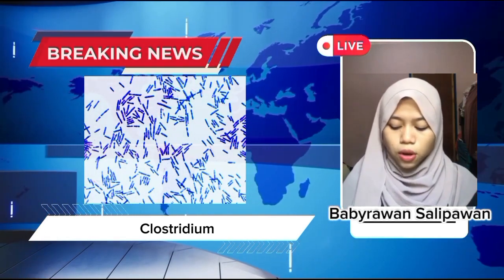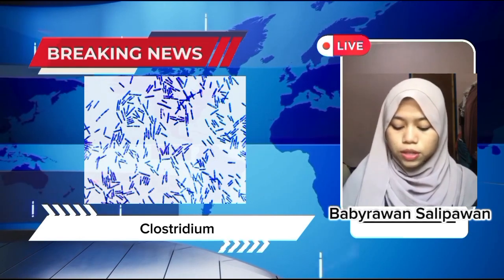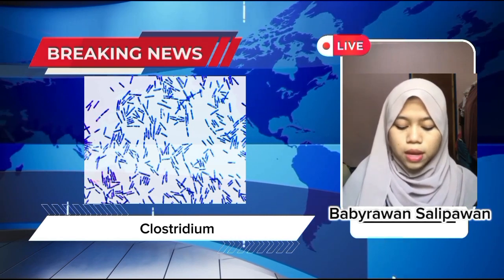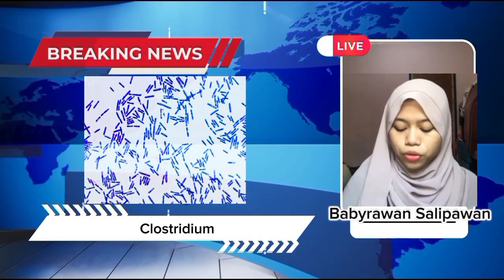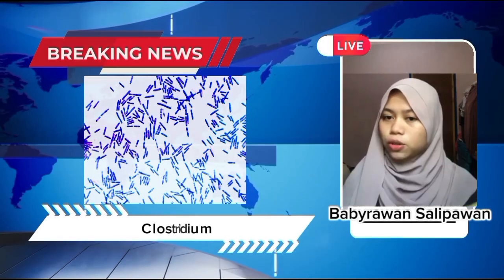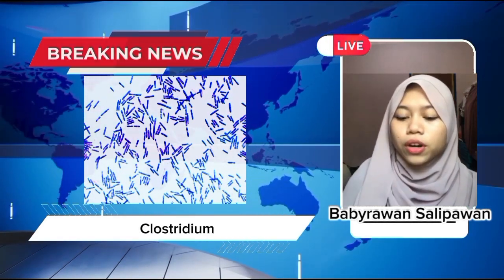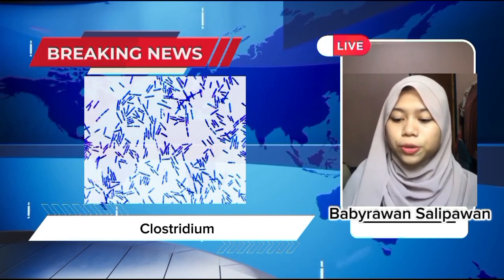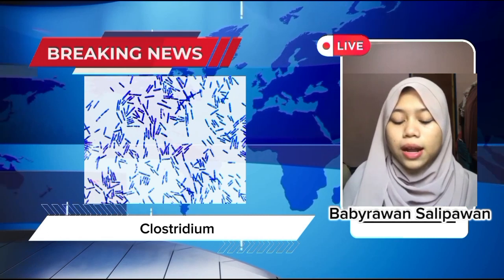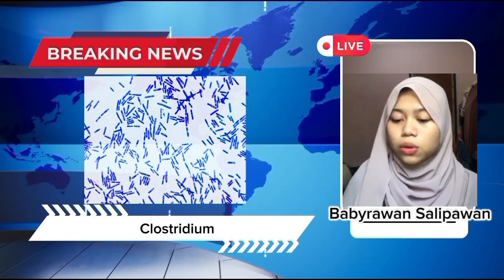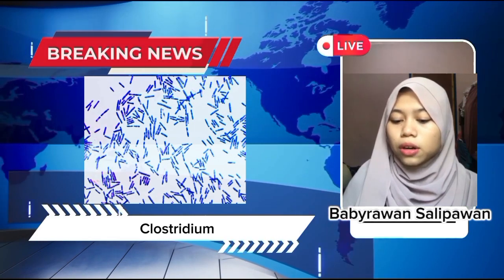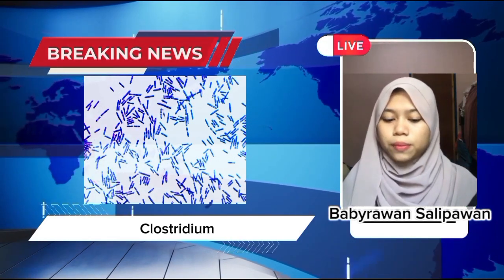Phenotype analysis, on the other hand, involves studying the observable characteristics or traits of the organism, such as its growth pattern, metabolic activities, and response to various environmental conditions. Overall, a comprehensive study of Clostridium bacteria would involve both genotype and phenotype analysis, including DNA sequencing to identify mutations and their potential impact on the organism's characteristics and behavior.